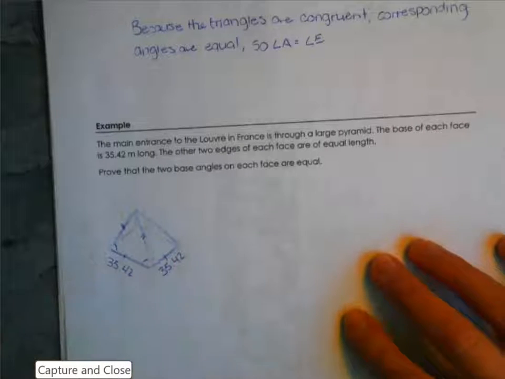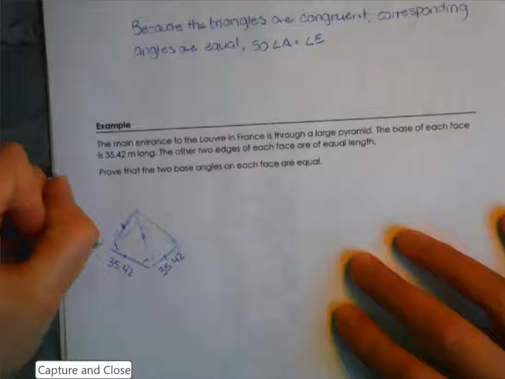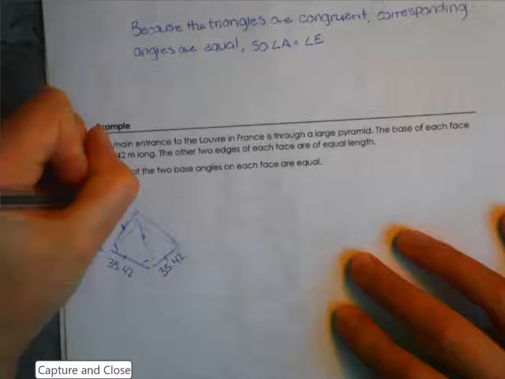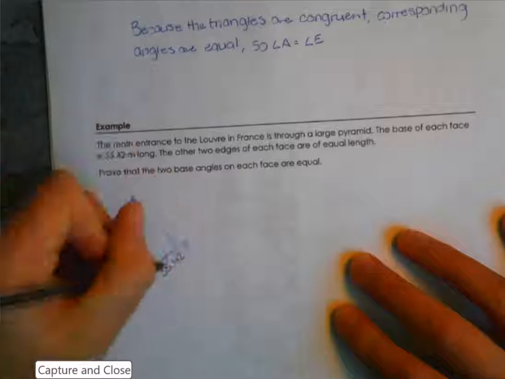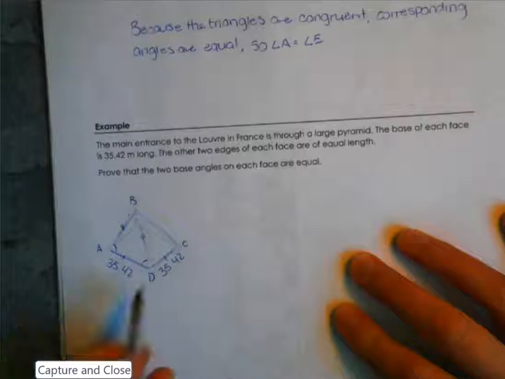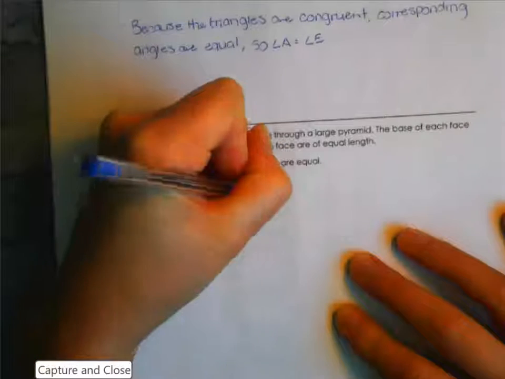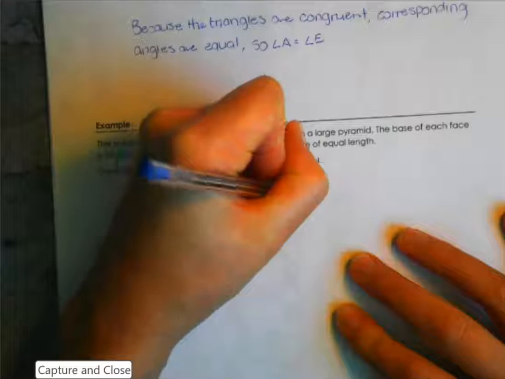They're 35.42. So let's call this A, B, C, and D. We can say side AD is equal to side CD, because we are given that. So that's going to be a side.